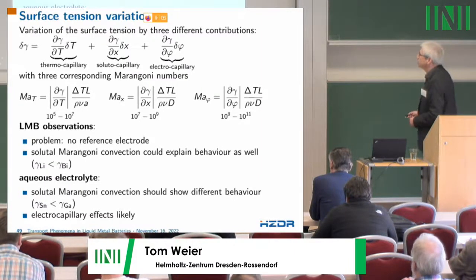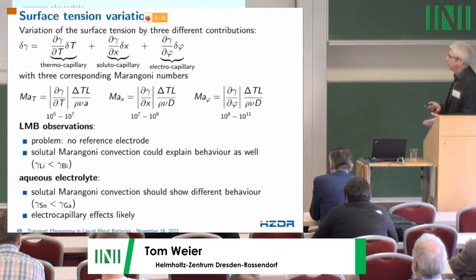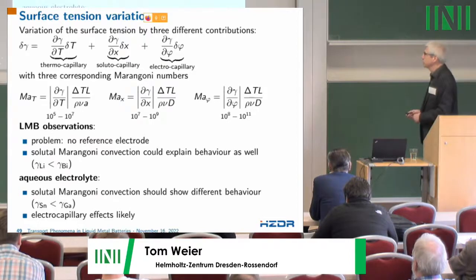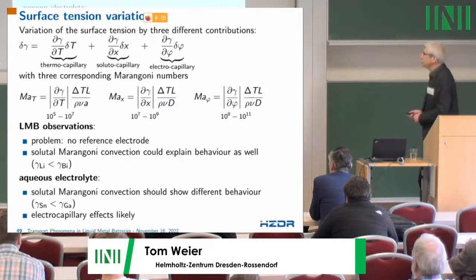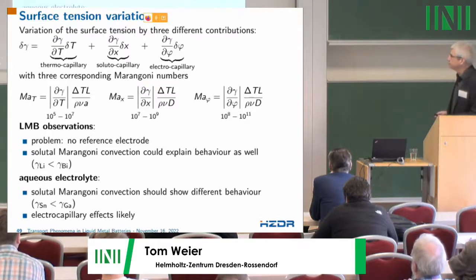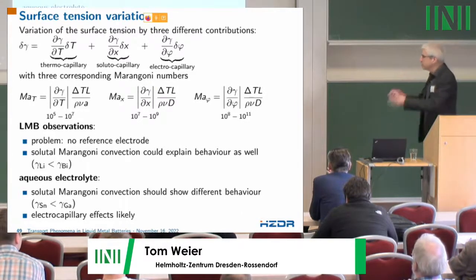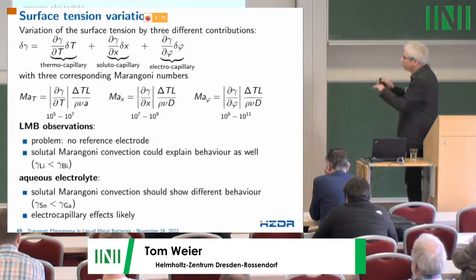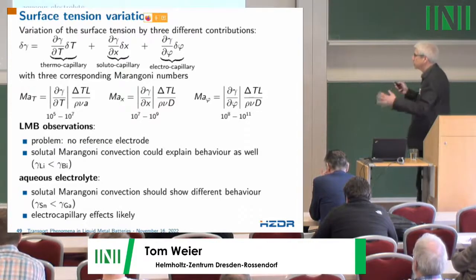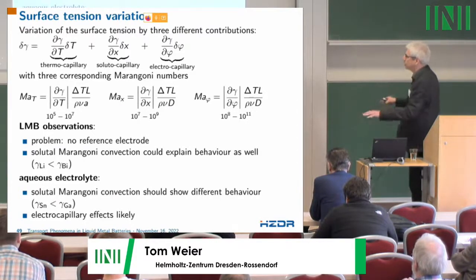And solutal Marangoni convection could explain this behavior as well, because the interfacial tension of lithium is lower than the interfacial tension of bismuth. So if you switch from charging, where you remove lithium, to discharge, you add more lithium in the center compared to the rim. So there would be a solute-driven Marangoni convection as well from the center to the rim.